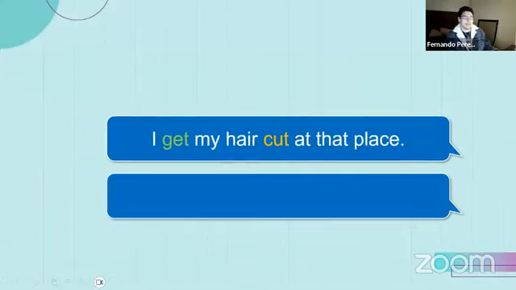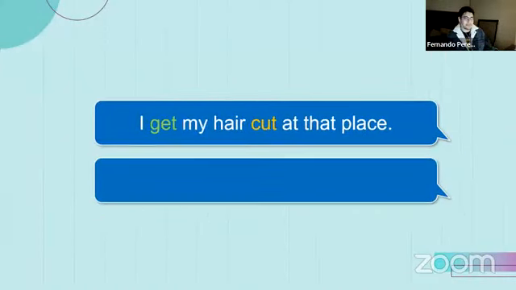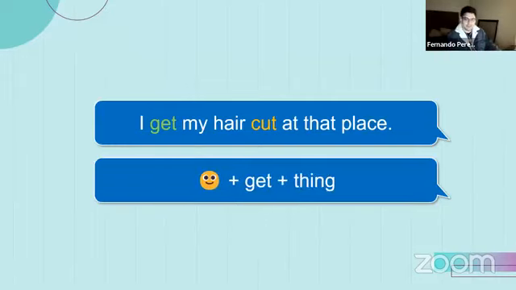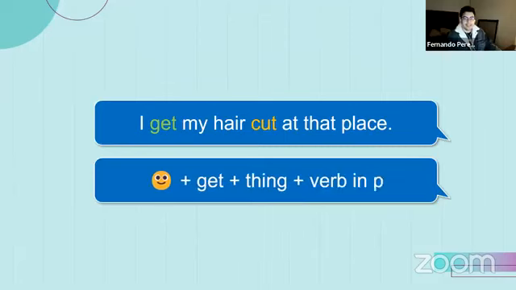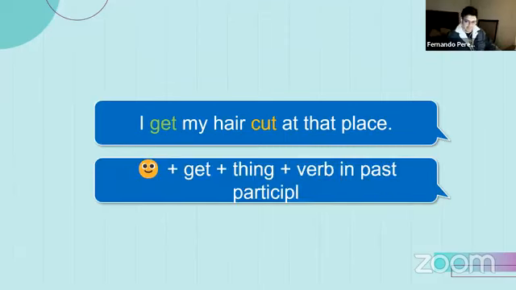I get my hair cut means, as the person, then we have the verb get, then we have an object or a thing, and then we have a verb in past participle.